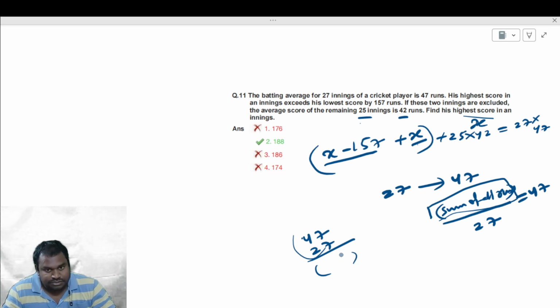Let's multiply. 7 7s are 49, 7 4s are 28, 28, 32, 329. 47 2s, 94, 9, 6, 12, 1269.